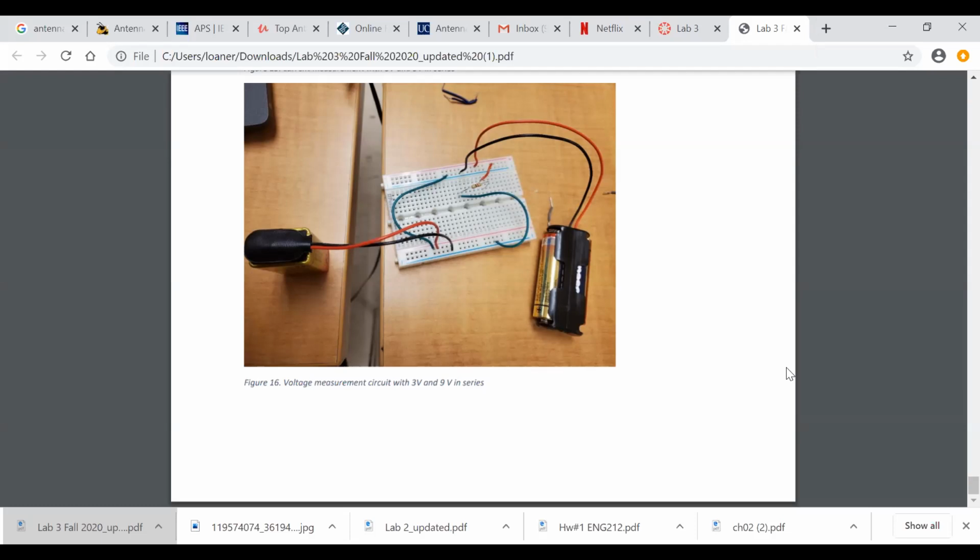Are we doing figure 16 right now? Yes. So that's how I'm connecting it. Yes, I think I'm good. So this is positive. Okay.